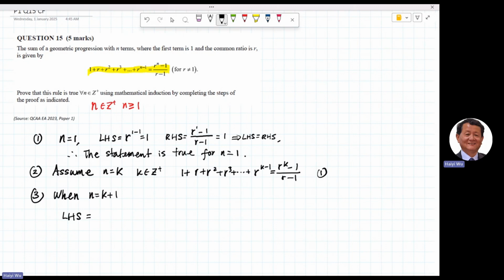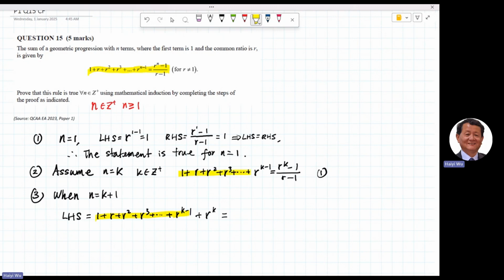So the left-hand side becomes 1 plus r to the power of 2 plus r cubed, up to r to the power of k minus 1, that's the first k terms, plus the next term, the k plus 1 term, r to the power of k. So this is the first k terms.